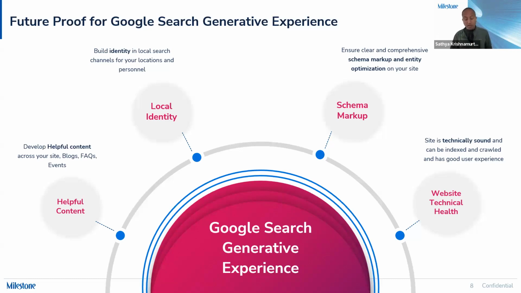There is a huge need to change the mindset on how we write content. We need to start thinking about writing helpful content rather than normal content. So what is the difference? In helpful content, I'm really addressing the customers of Google, meaning Google wants you to take its customers and address their problems rather than talk about what business you do.